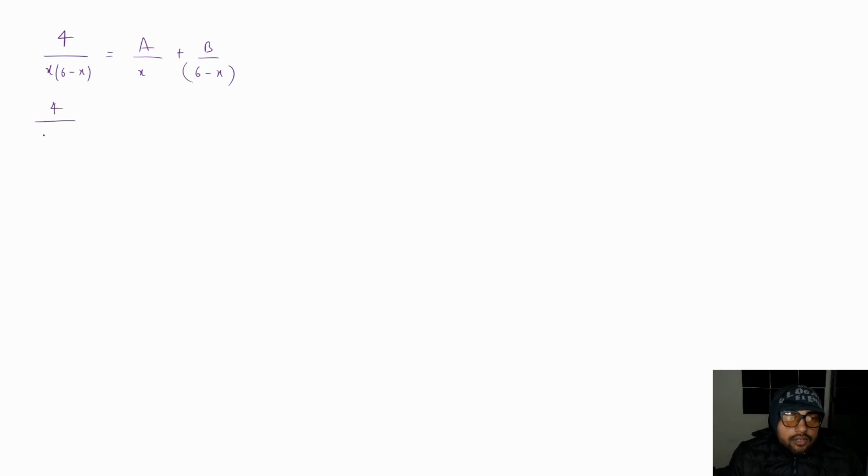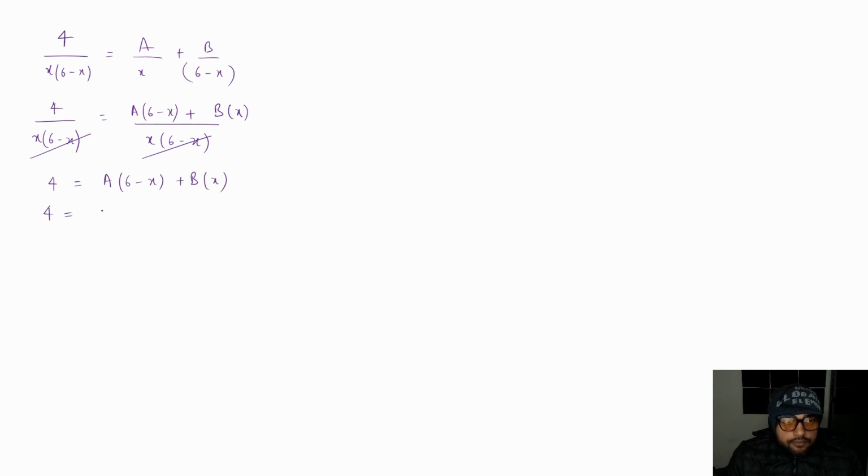On the right hand side we are left with x(6 minus x) in the denominator, and in the numerator a times (6 minus x) plus b times x. Now the denominator gets cancelled, so we are left with 4 on the left hand side and this expression on the right hand side.